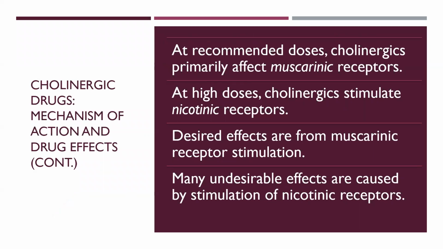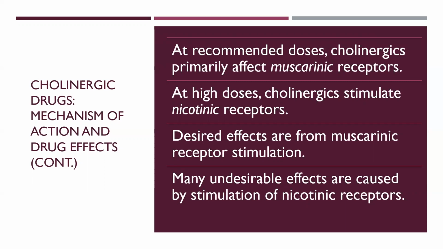So some more on mechanism of action and drug effects. At recommended doses, cholinergics primarily affect muscarinic receptors. At high doses, they're going to stimulate those nicotinic receptors. Desired effects are from the muscarinic receptor stimulation, and many undesirable effects are caused by stimulation of the nicotinic receptors.